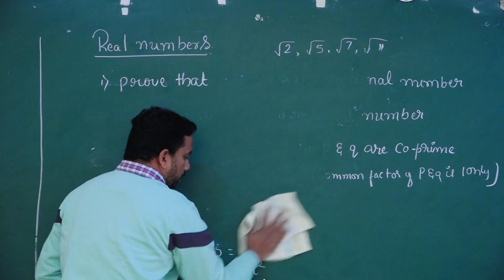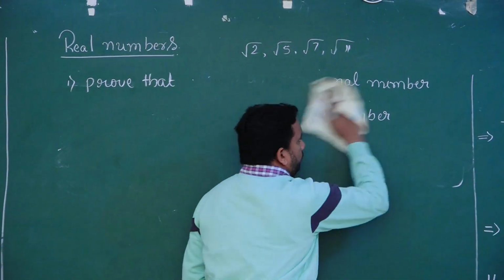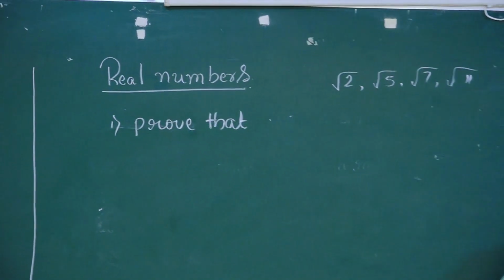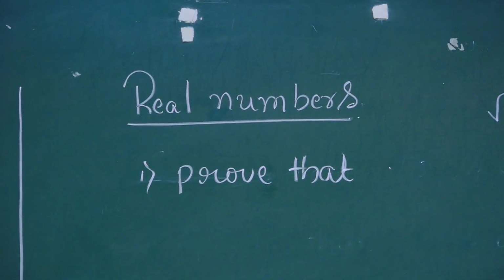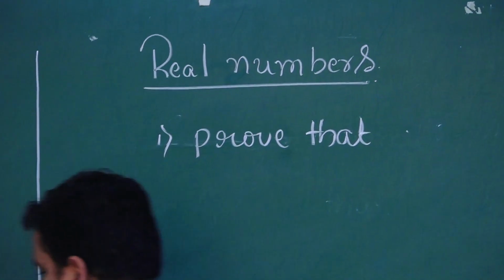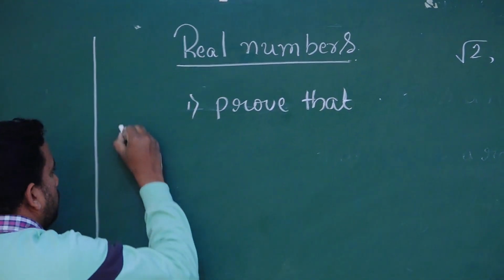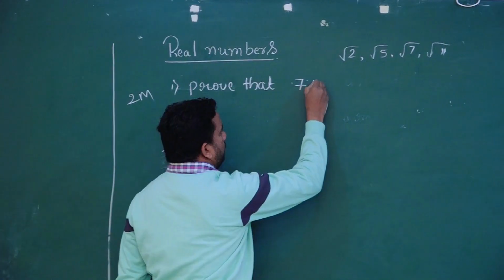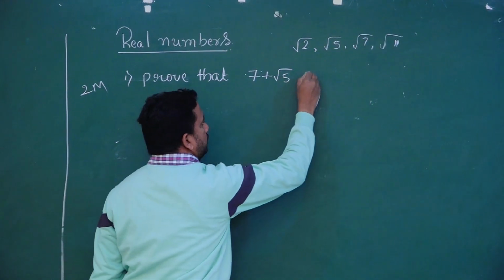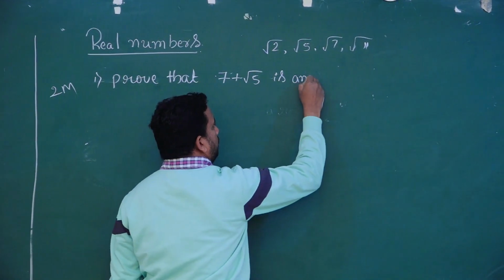So we have another type of question, and this is asked for only 2 marks. Prove that 7 plus root 5 is an irrational number.